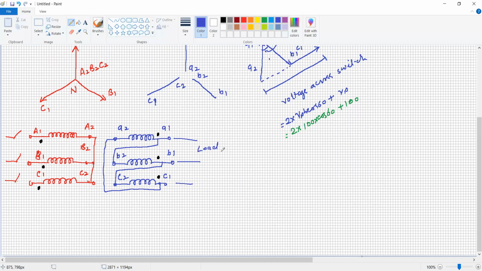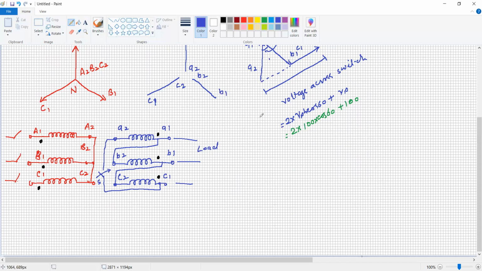Now we will examine whether we are getting some voltage across the switch or not. First of all, we will keep the switch open, similar to the previous discussion, and if the voltage across the switch is 0, then we are going to close this switch.